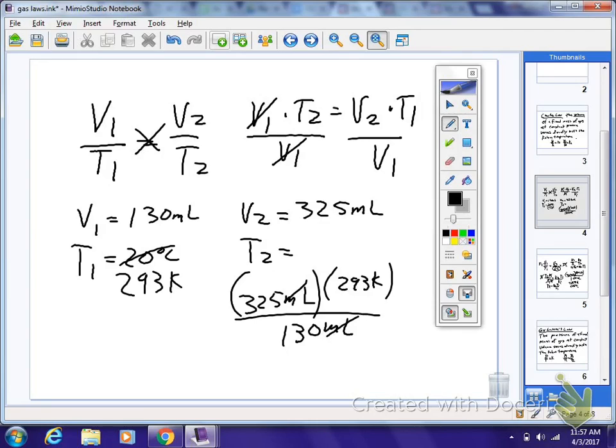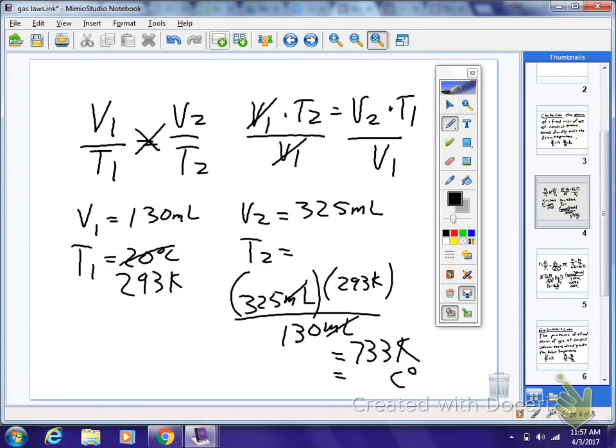So we know that the temperature has to go up. So we know it's going to be above 293 Kelvin. It is 732 or 733 Kelvin. Well, let's say that whoever has this thought, they want it in Celsius, they don't want it in Kelvin. So with 733 Kelvin, what would that be in Celsius?